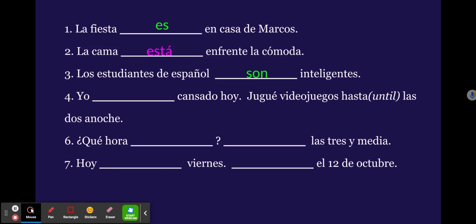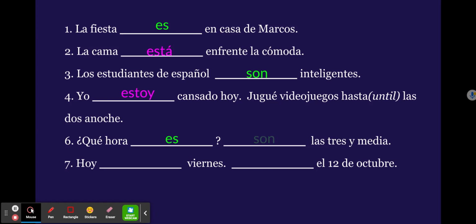That's a description. The Spanish students are intelligent. Yo estoy cansado hoy. Jugué videojuegos hasta las 2 anoche. I am tired today. I played video games until 2 last night. That's how I'm feeling. That's why I chose estar.